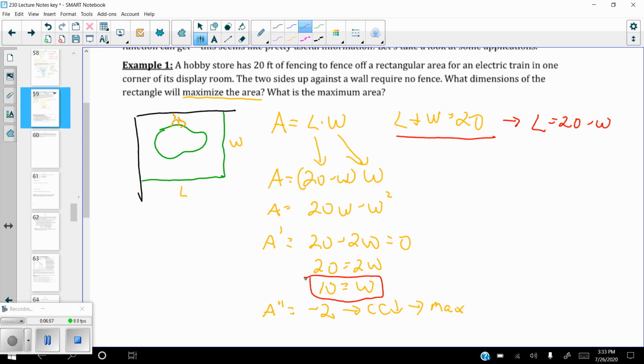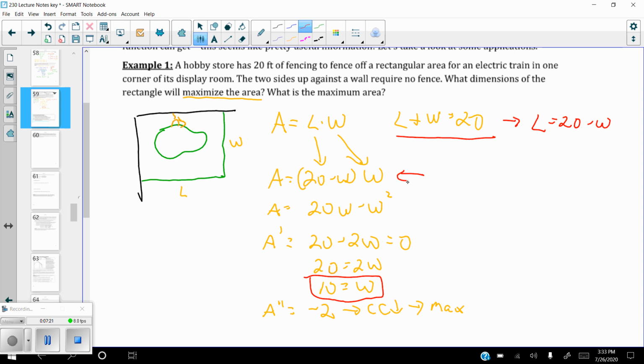Okay? Now, if I really wanted to be prudent here, I need to check my endpoints. Well, I can either use 0 feet of fencing or I can use 20 feet of fencing. That's the only other options. Those are the endpoints, because you can't go outside of your domain since we have only 20 feet of fencing to deal with. Well, if you were to put a 0 or a 20 back into this equation, you're going to get 0.